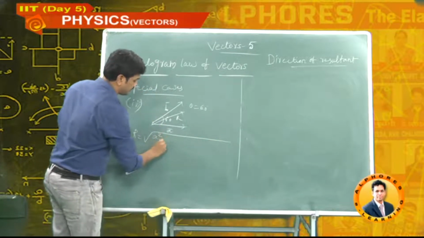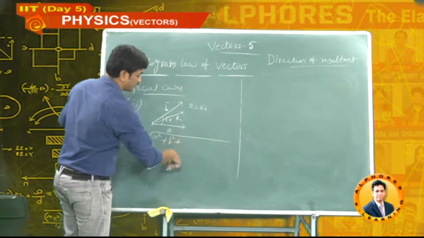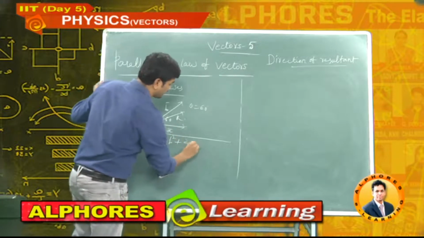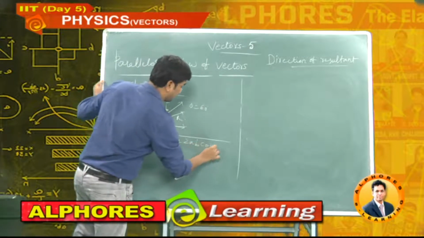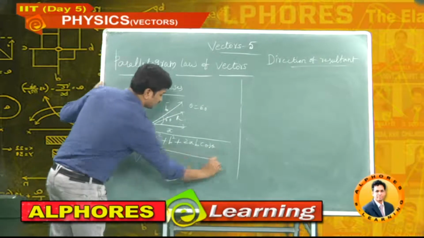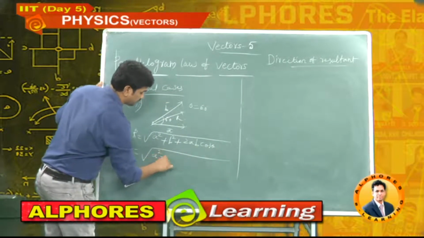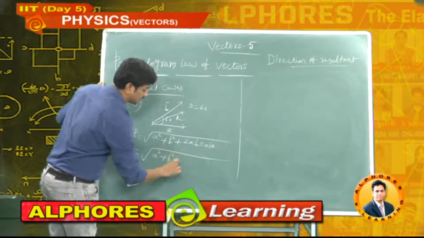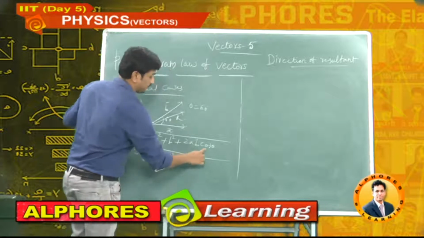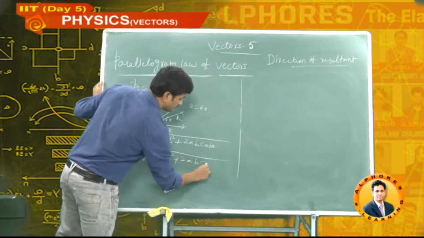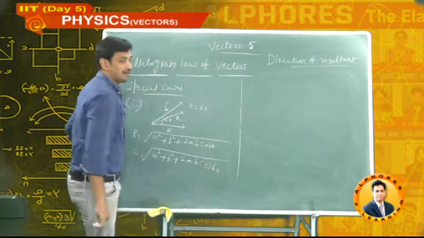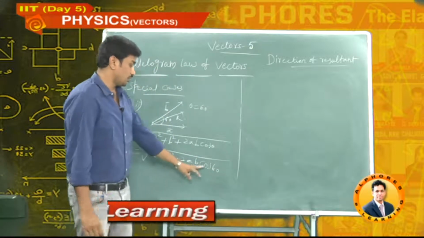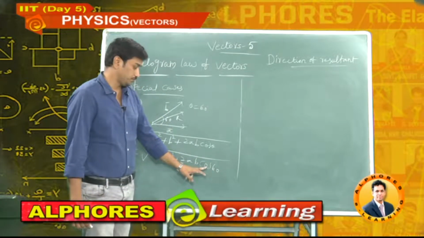You know that root of A square plus B square plus 2AB cos theta. A as it is, B as it is, 2AB cos 60. What is the value of cos 60? Cos 60 value 1 by 2.